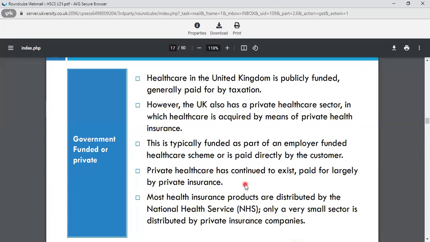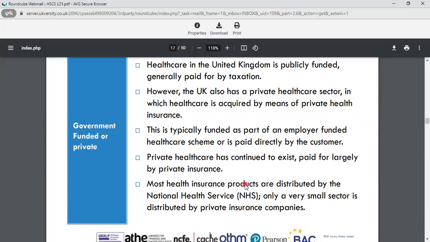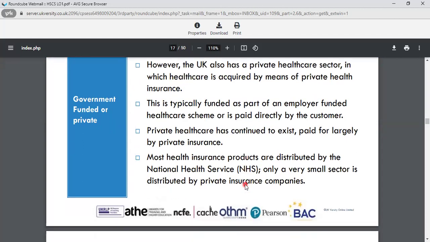Private healthcare has continued to exist, paid for largely by private insurance, and most health insurance products are distributed by the NHS. Only a small sector is distributed by private health insurance companies because of the excess amount.